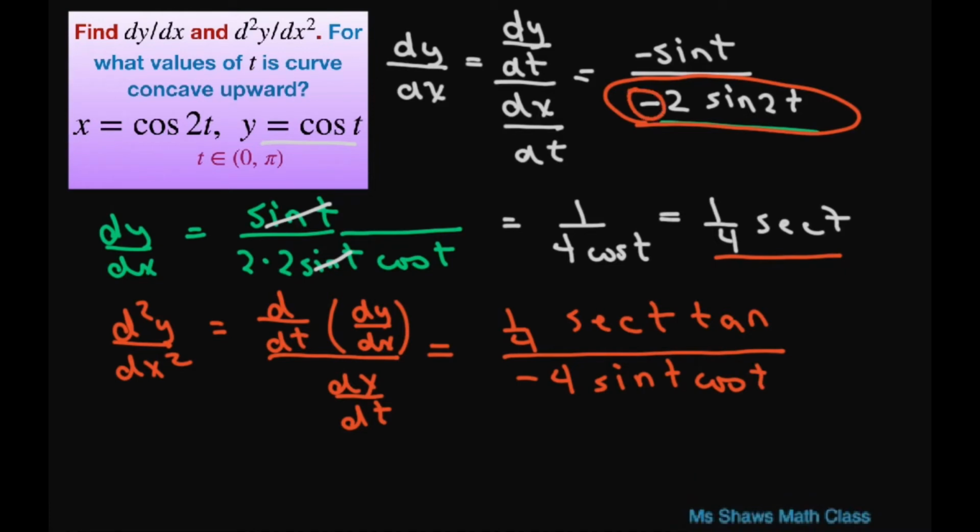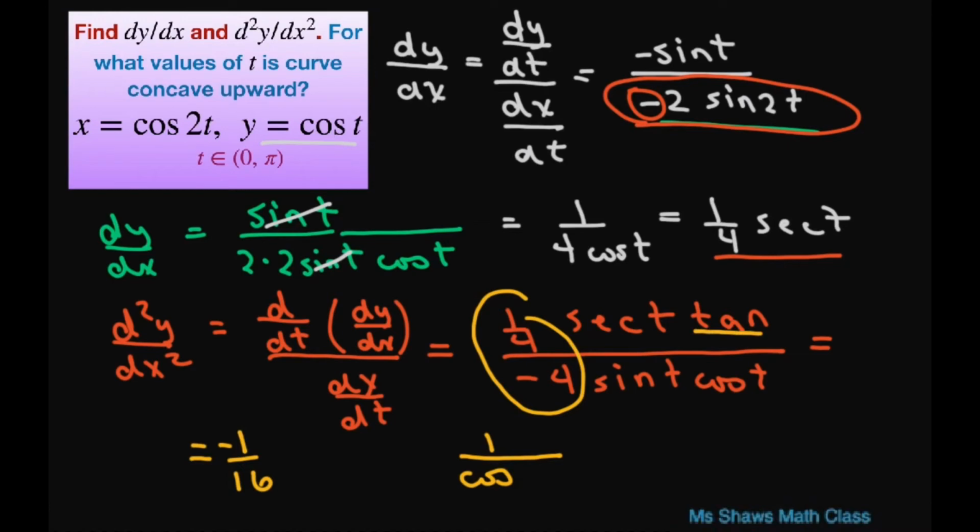All right. Now, simplifying all this, let's see what we have. This part right here is just going to be negative 1/16. All right, and let's see what all this is. We're going to have 1 divided by cosine, and then tan is going to be sine divided by cosine.